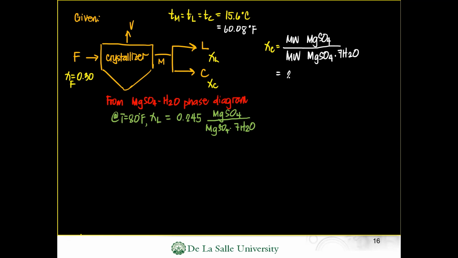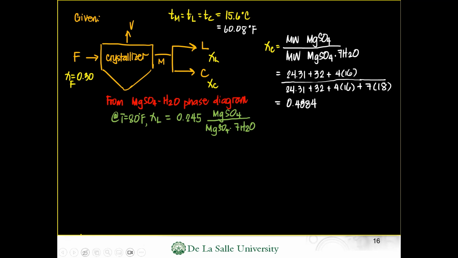It's 24.31 plus sulfur is 32 plus oxygen is 16 times 4 over all of these, 24.31 plus 32 plus 4 times 16 plus 7 of water. So 7 times 18. So can you please give me XC? 0.4884.